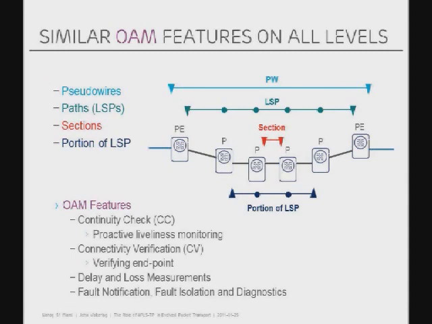It can also be used for connectivity verification. When the service is not working, you may want to find out where it gets broken, and then with the connectivity verification capabilities, you can actually find out the point where it goes wrong. This connectivity verification capability is quite similar to what we know from traceroute, for example.